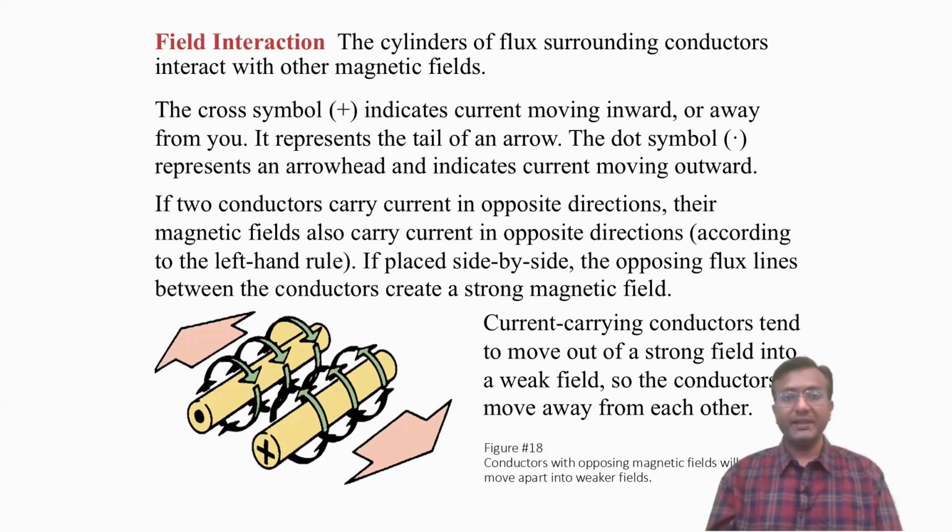Placed side by side, the opposing flux lines between the conductors create a strong magnetic field. Current carrying conductors tend to move out of a strong field into a weaker one, causing the conductors to move away from each other. In this figure, it is demonstrated that conductors with opposing magnetic fields will move apart into weaker fields.